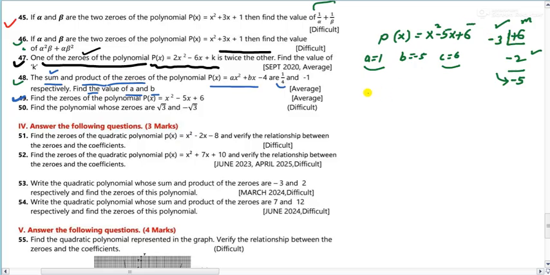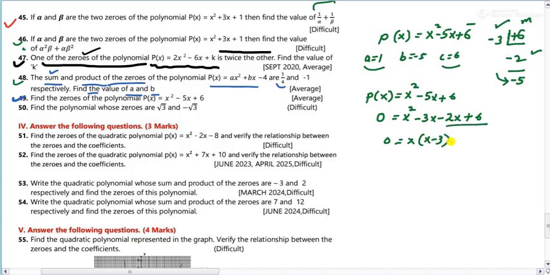Now solve it. So I'll write this again. P of x is equal to x square minus 5x plus 6. Now zeros means this will become 0. P of x becomes 0, and this is x square minus 3x minus 2x plus 6. I hope you know this step. X is common here, so you'll get x minus 3. In this step 2 is common, minus 2, so again you'll get x minus 3.